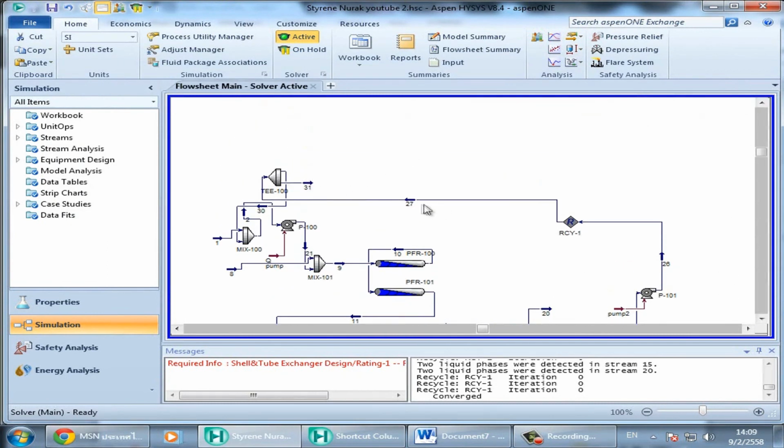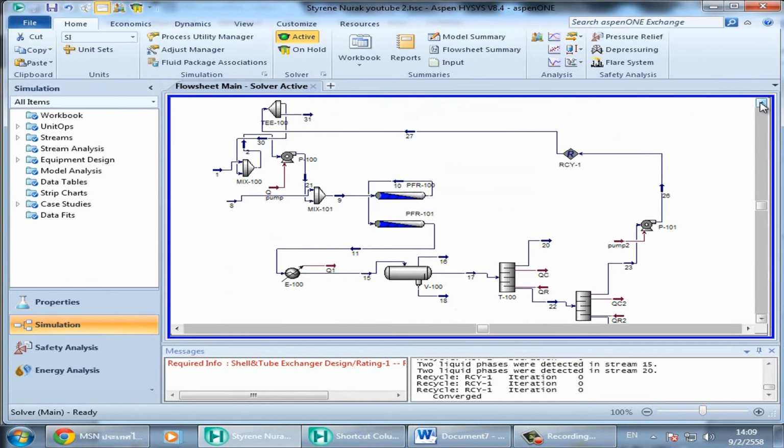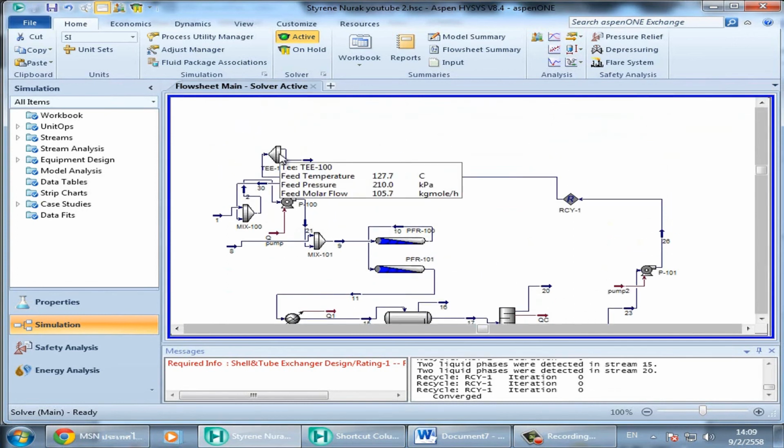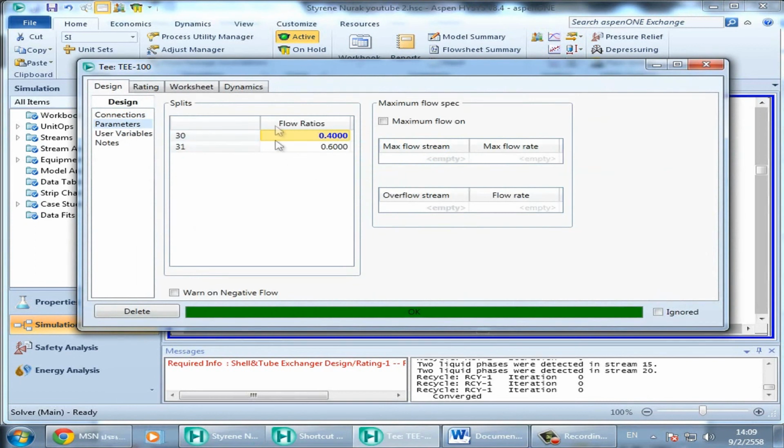So in this case, we cannot recycle all the ethylbenzene to the system because the distillation column has been fixed by the performance. So what we need to do is work on the flow ratio.